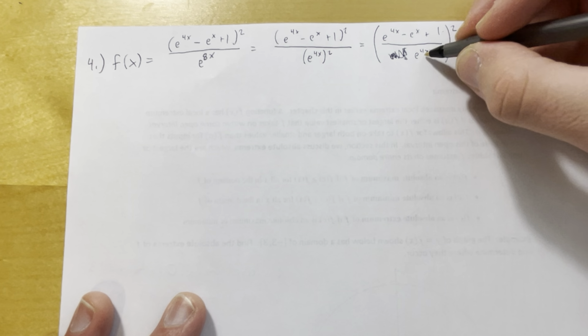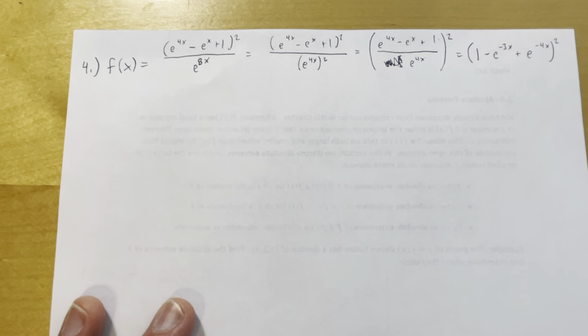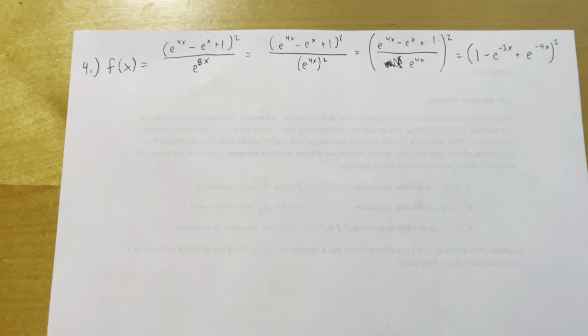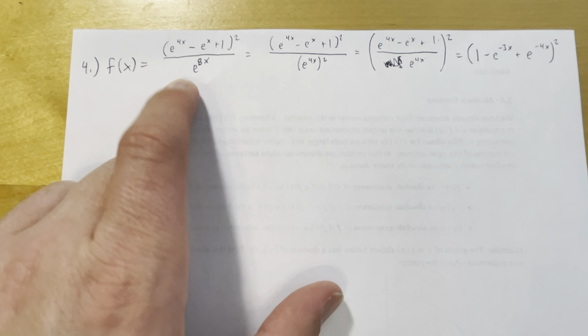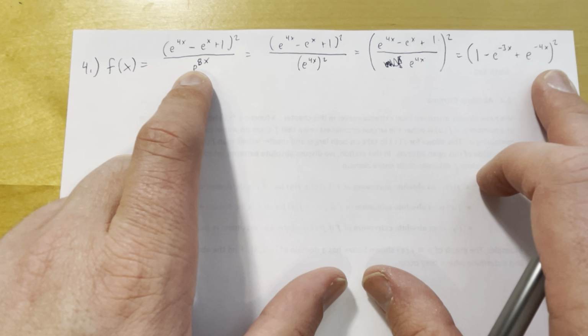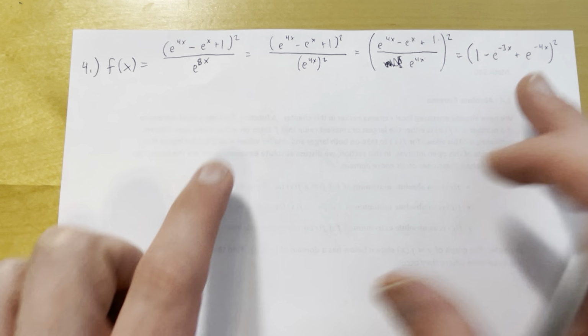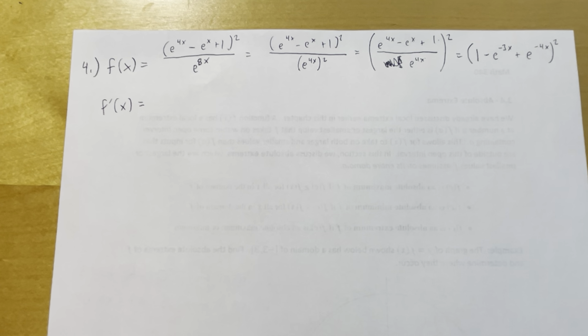And then 1 over e^(4x), because it's in the denominator, could be written as e^(-4x). And then that whole thing is squared. Notice I haven't done any derivatives yet, but by simplifying this function down, I'm no longer dealing with both a chain rule and a quotient rule. I'm now only dealing with a chain rule. So I've given myself a little bit of an easier time when it comes to the derivative part of this.